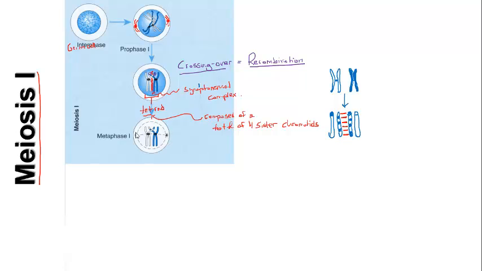Of course, it's important that the nuclear envelope dissolve, otherwise these microtubules of the mitotic spindle couldn't get at them, because remember, all these bivalent chromosomes are in the nucleus.